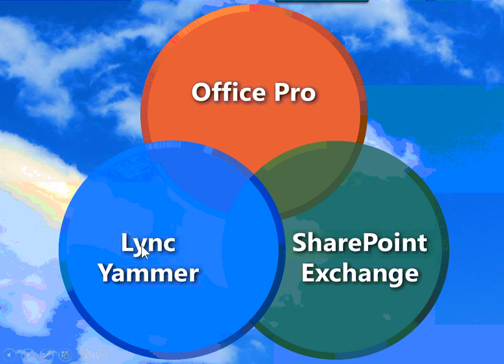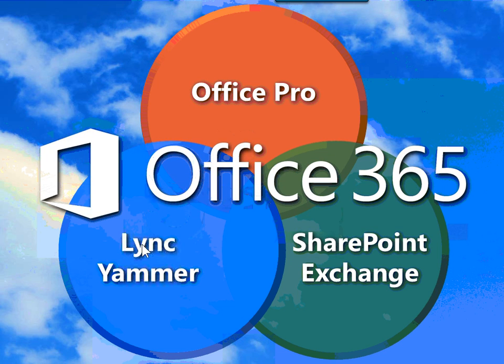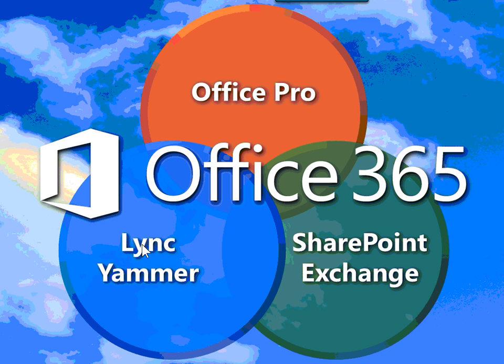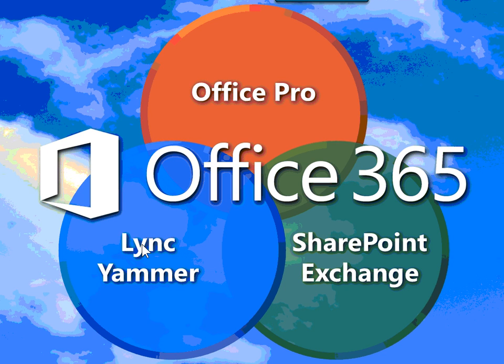These are two different tools. This is for social, this is for chat. And presentations can also be done using Lync. Remote teaching can also be done by using Lync. So these put together is called Office 365. So all these products you already have.